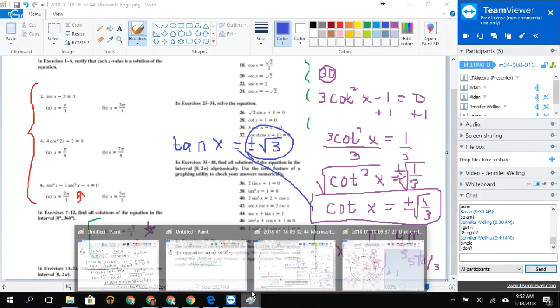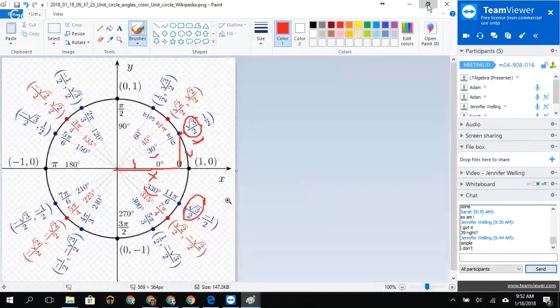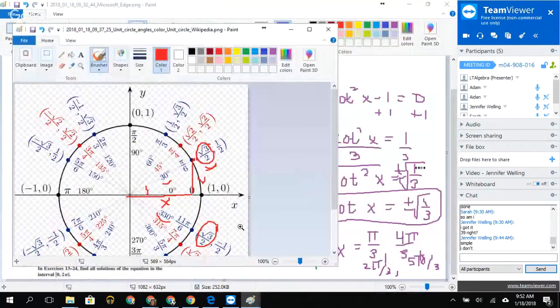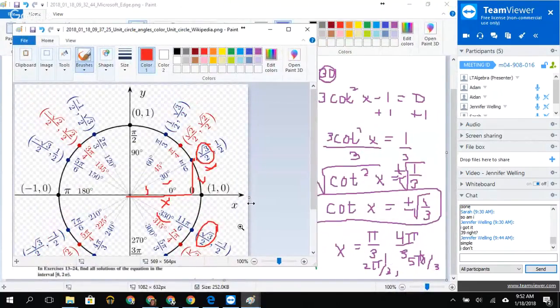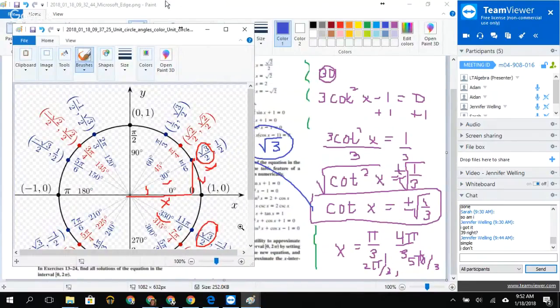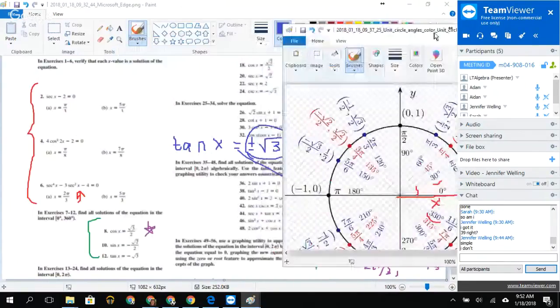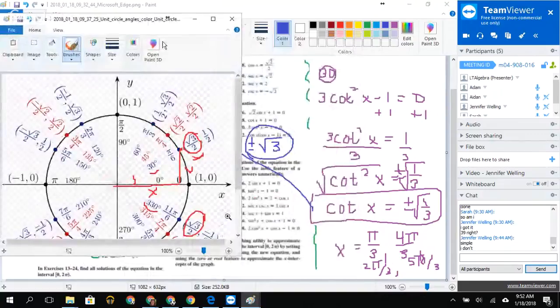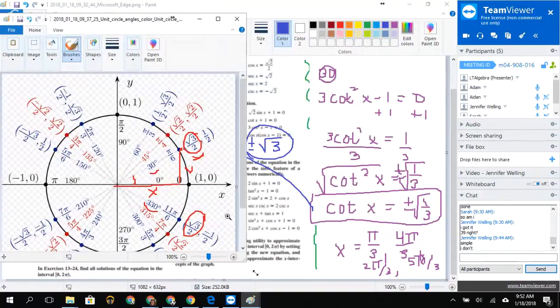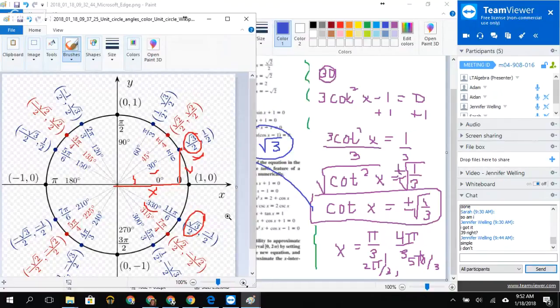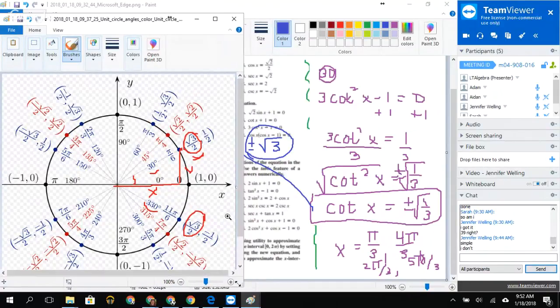So if I go to a unit circle, maybe make it a little smaller so I can do both at once. I'm running out of room. All right, so I want to find the values where the sine divided by the cosine equals the square root of 3, positive or negative.